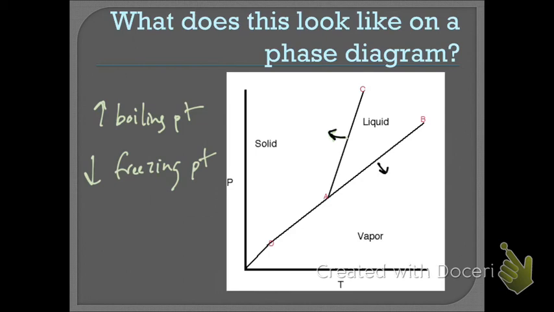So it looks something like this, right? And you can kind of tell it actually remains liquid longer. And in some cases, like the coolant in your engine or water on the road, liquid is actually safer than having it as a solid, right? And so that's what it looks like on the phase diagram.